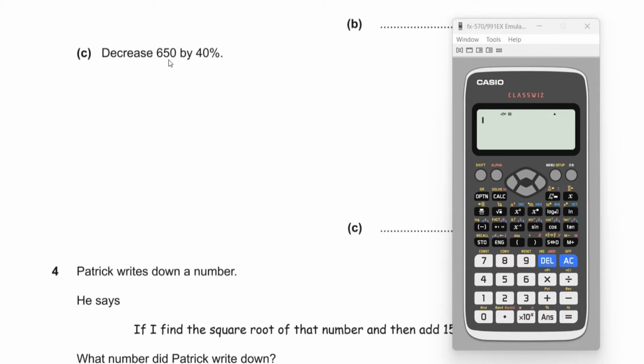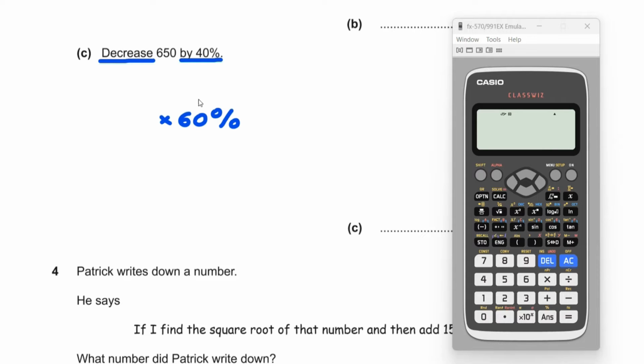Part C, decrease 650 by 40%. Well, decreasing something by 40% is the same as multiplying by 60%.